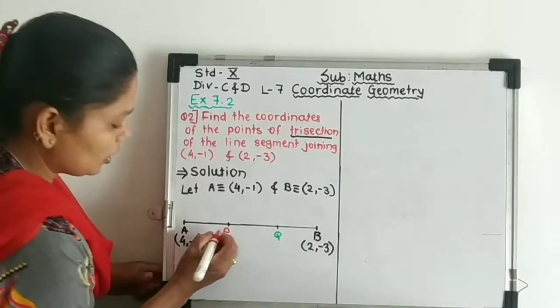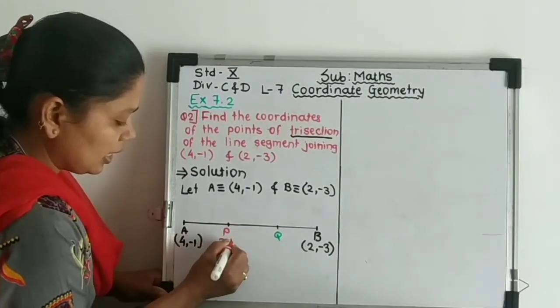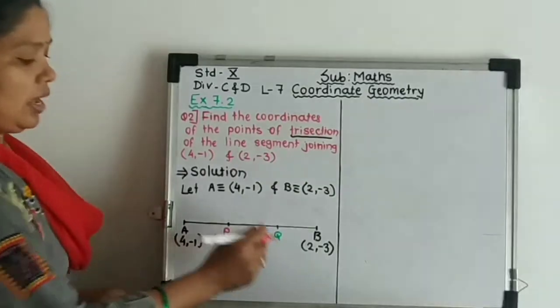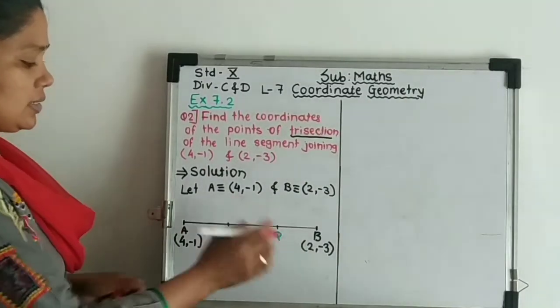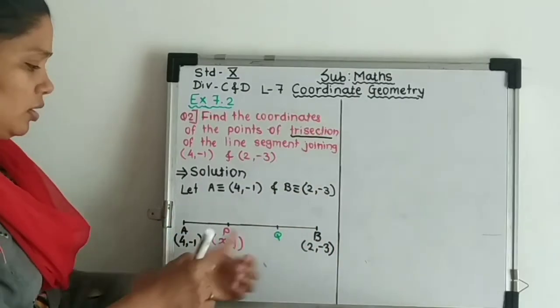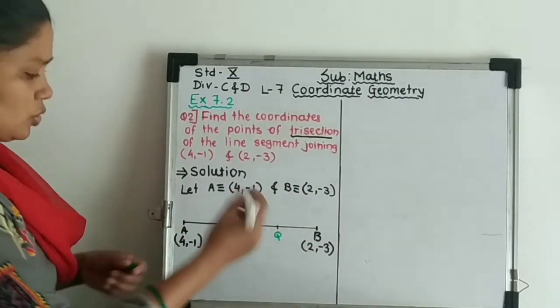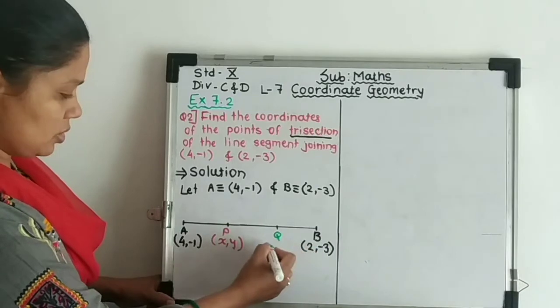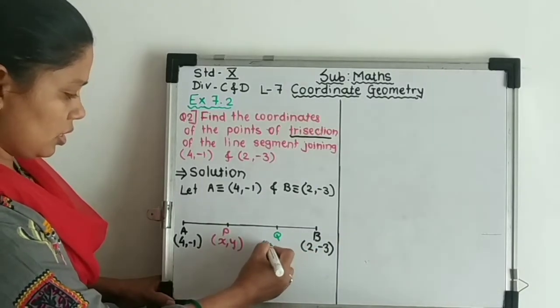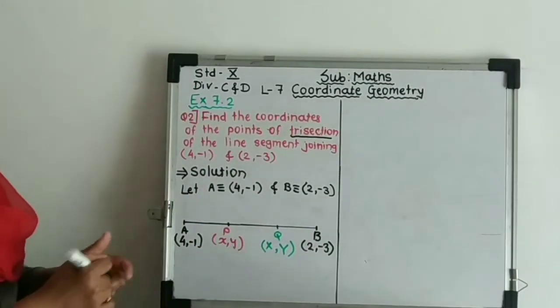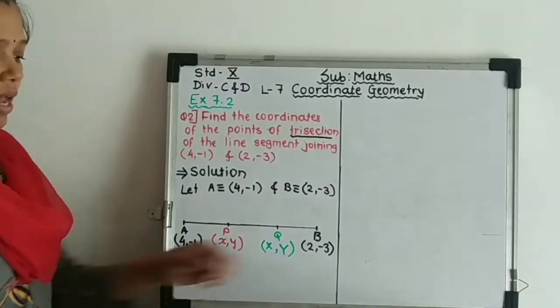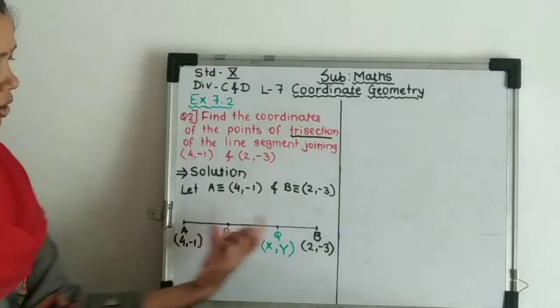P has coordinates (x, y), and for Q you can take capital X and capital Y, or you can take other letters also. In this way we have done the trisections.